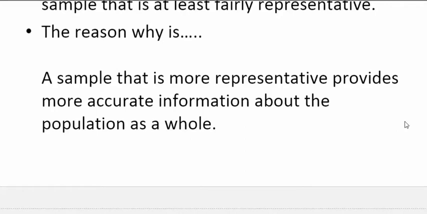So that's another example of an unrepresentative sample that's full of one type of person, leading to an inaccurate conclusion about the population as a whole.